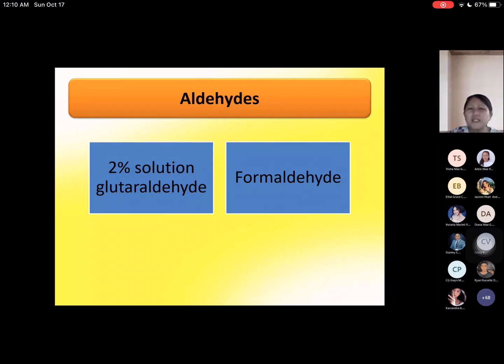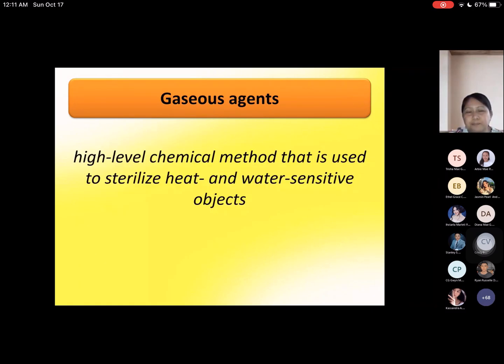For the 2% solution of glutaraldehyde, this is used as a disinfectant in most clinics or hospitals, because it is less irritating and more effective than formaldehyde, used in disinfecting chemicals or hospital instruments.